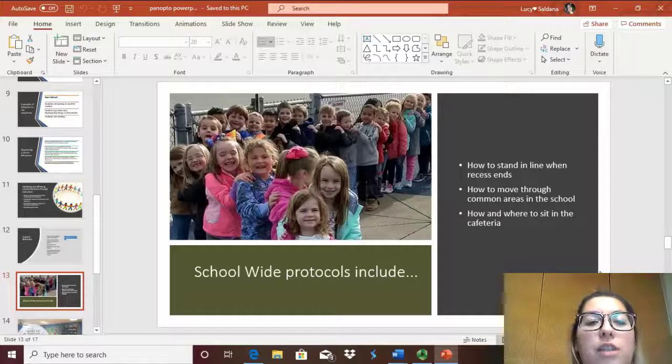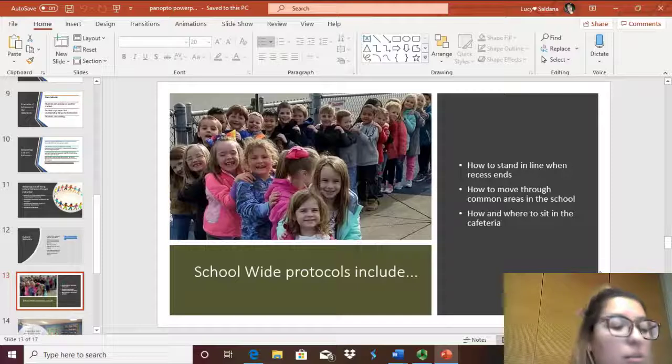So the teachers need to take into consideration that they sometimes need to explain this to some of the students that need more redirecting on what to do. And some of these students might struggle, so the teachers might have to change some of the protocols that are expected.